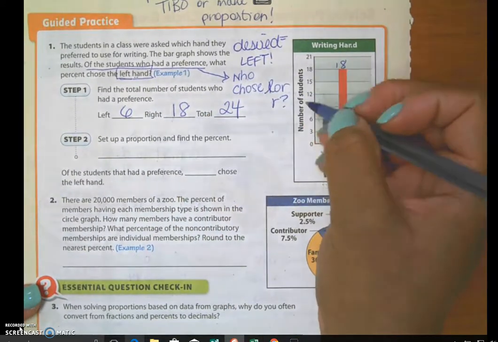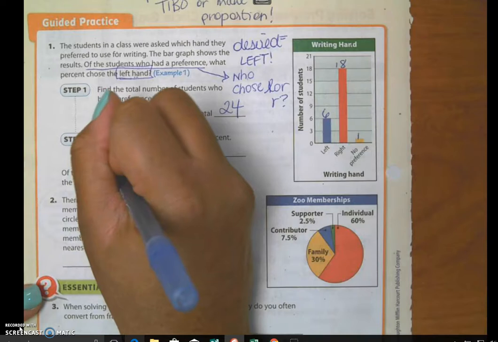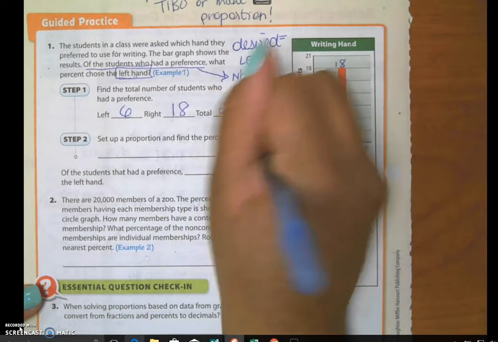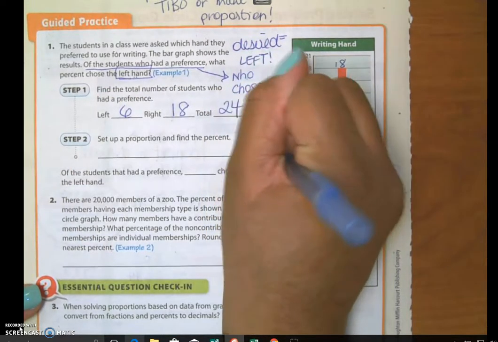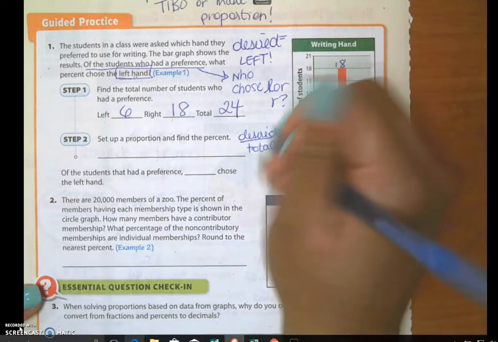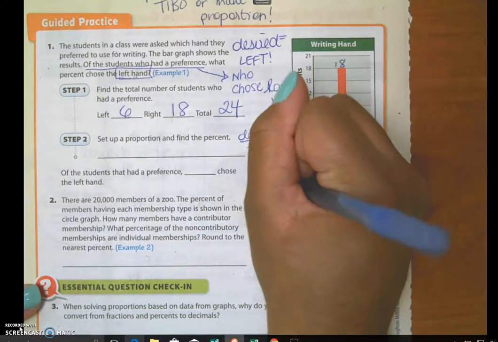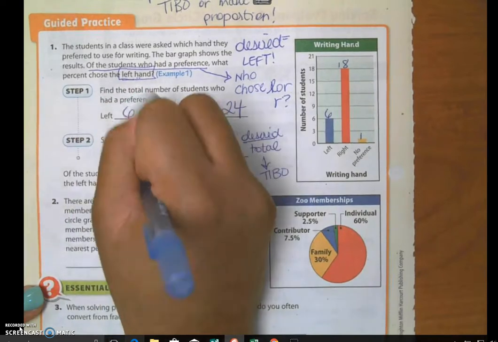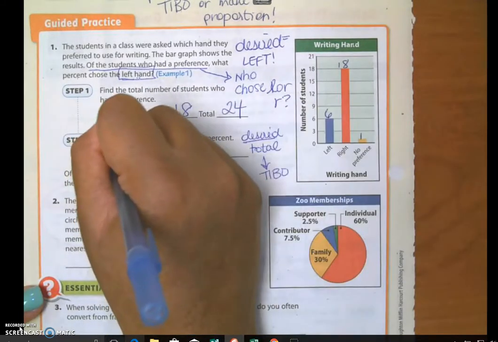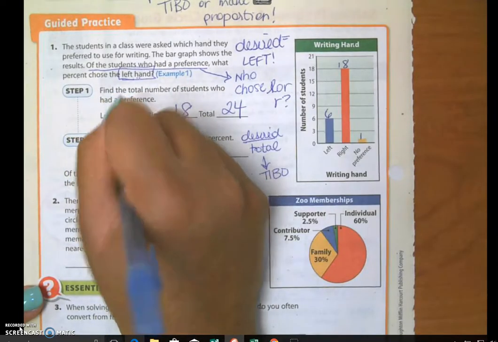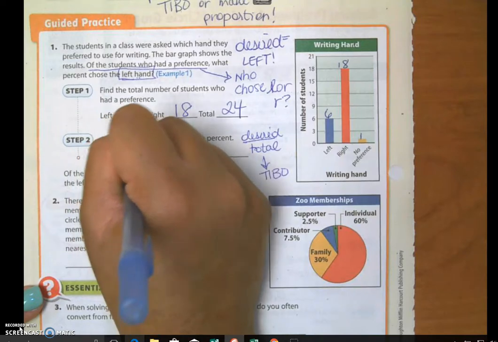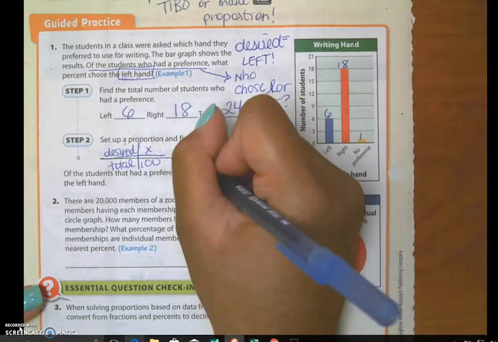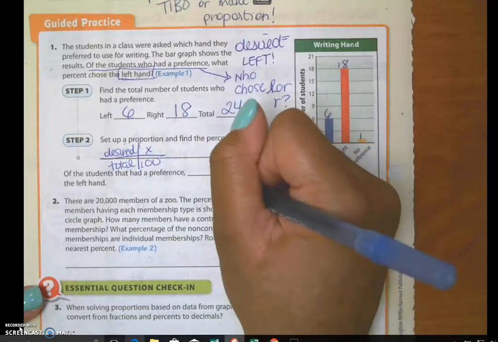You can do that, or you can do the desired part over the total. Then you can T-bow, or you can do the proportion box, desired, total, x, and 100. Then cross multiply and divide, then that will give you your answer here.